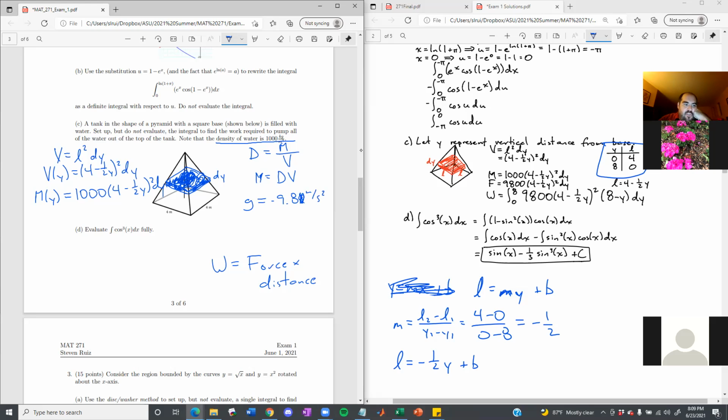So because of that, I can say that the weight of that water is equal to 9.8 times 1,000 times (4 minus 1/2 y) squared times dy. So I get this weight is equal to 9,800 times (4 minus 1/2 y) squared dy. All right. Any questions about any step of that process so far?